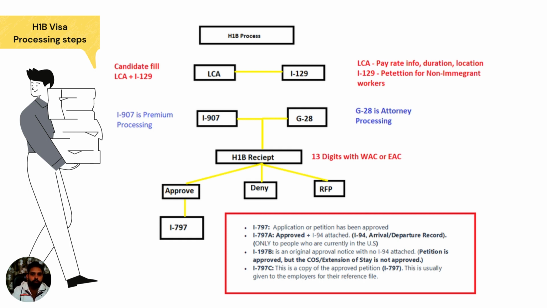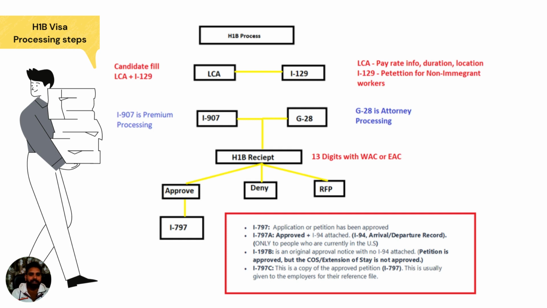Premium processing is known as I-907. Attorney processing is known as G28.